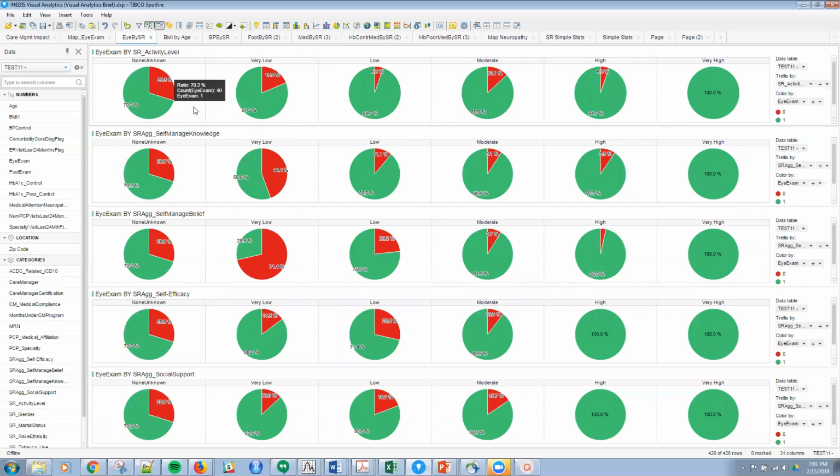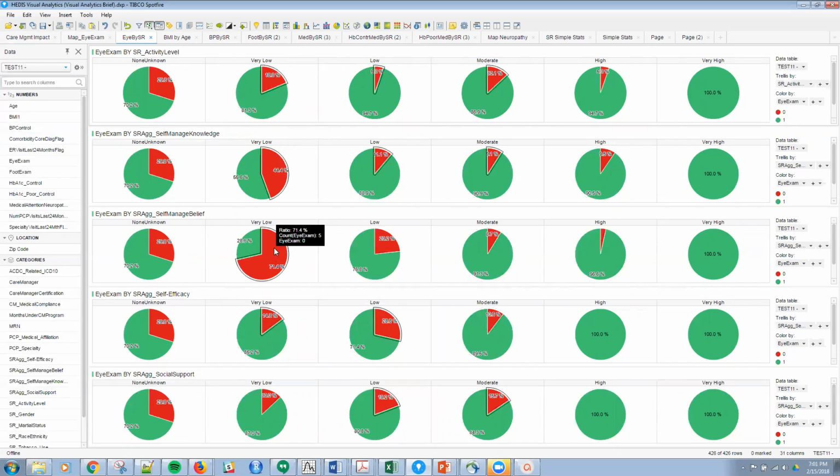I can see here that those people that this is unknown, which really means that they don't have a care manager that actually provided the self-reporting mechanism, that these rates are typically higher. We've got a little bit of an anomaly here where they do have a care manager, but they scored themselves very low on that particular metric.